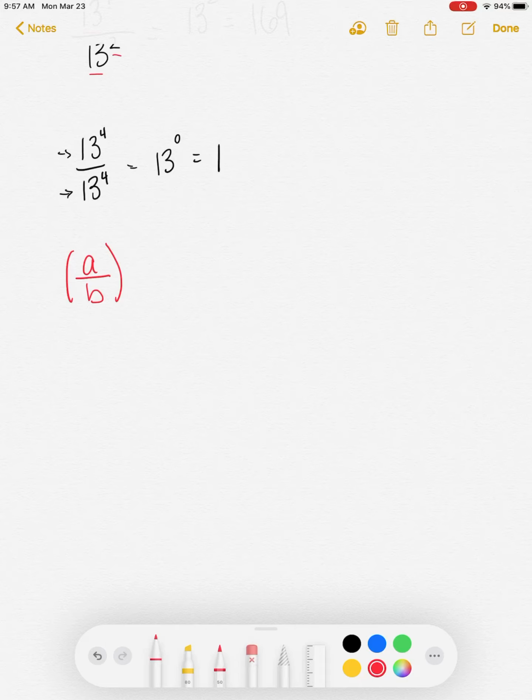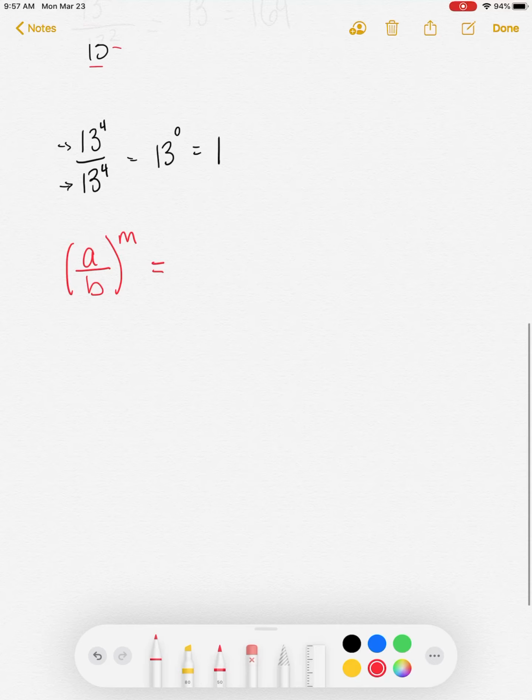So we have A divided by B, raised to the m power. In the same way that we distributed that when A and B were multiplied by each other, we're still going to distribute that. So that will give me A to the m divided by B to the m. It doesn't matter that A and B are not the same base. They still both get that m power. You have to note that B cannot be 0 because anything divided by 0 is undefined.